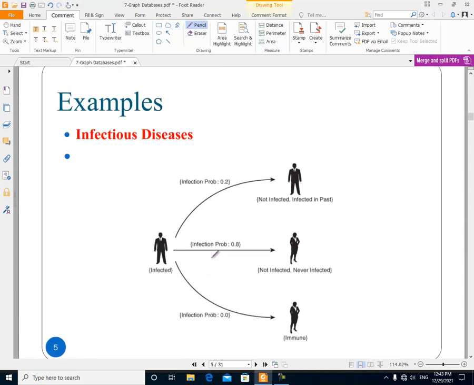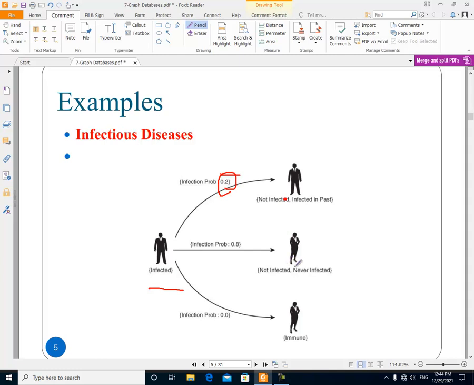This is another example of graph data. It is about diseases. If a person is infected with a disease, this person could infect others. If the person is not infected, but he was infected in the past, the probability of the infection is 0.2.